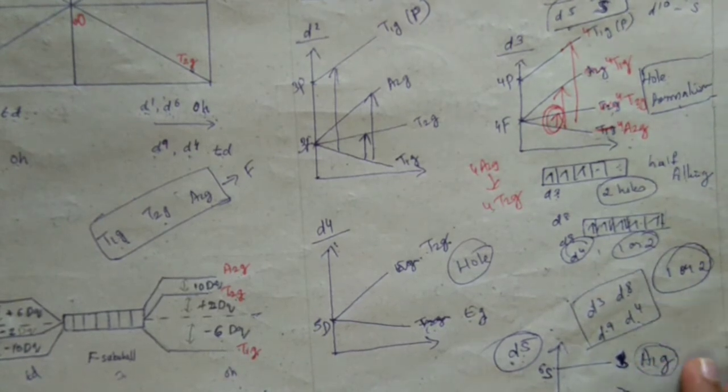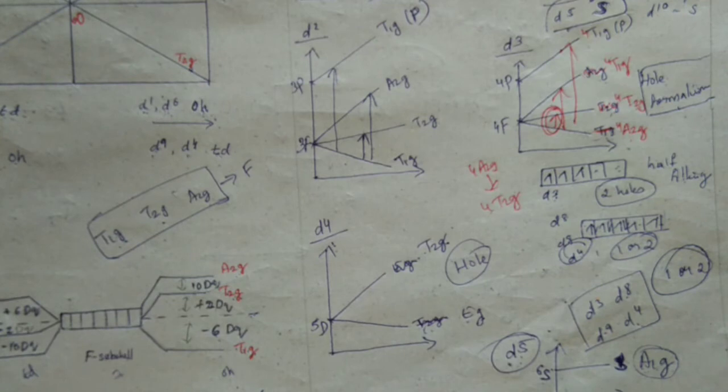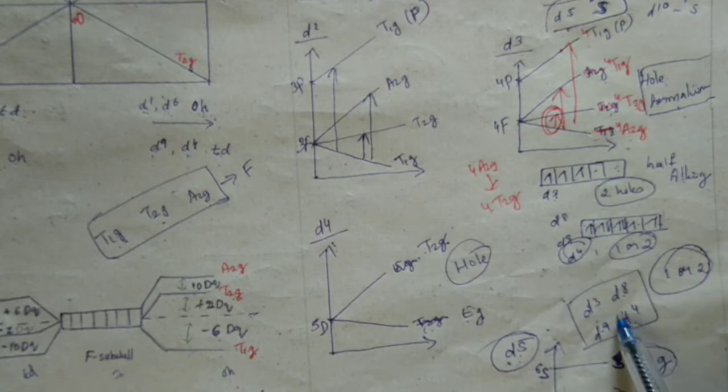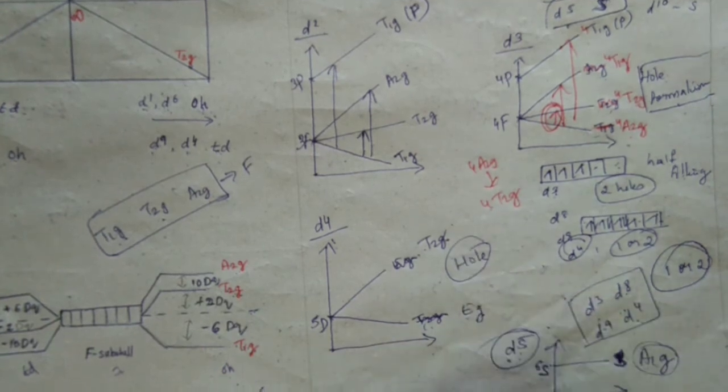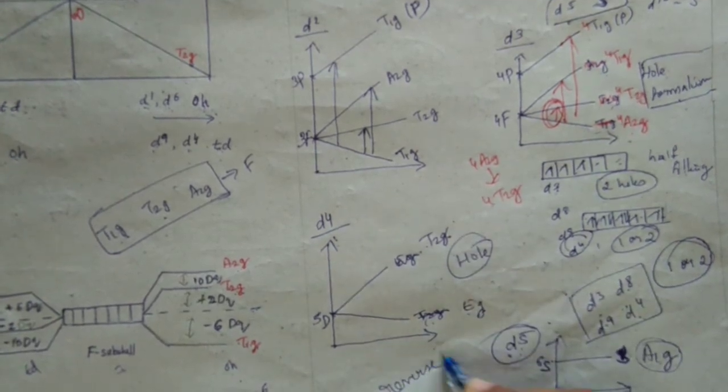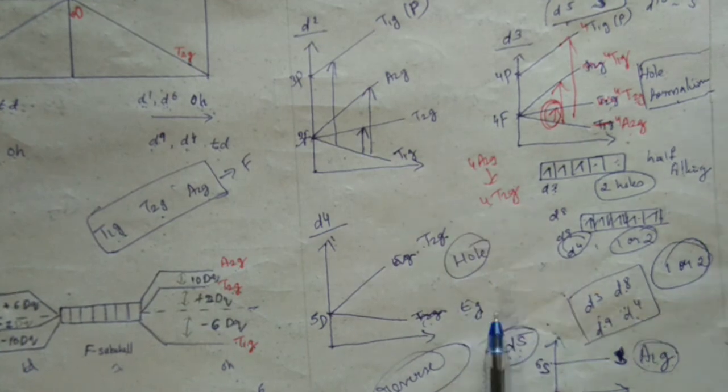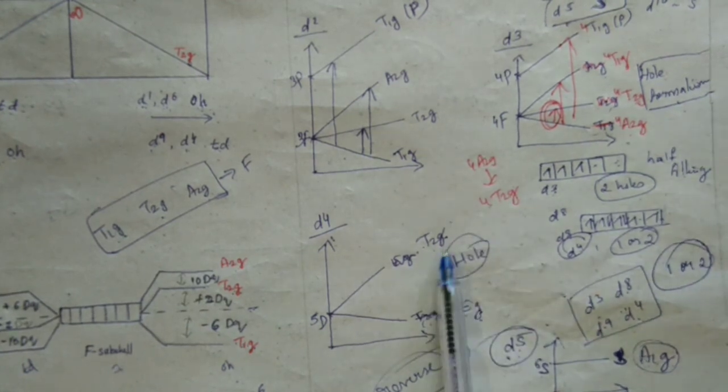That creates holes, so we can say they have the hole formalism phenomenon. What is the consequence of hole formalism? The energy level diagram is just reversed, so T2g becomes Eg and Eg becomes T2g.